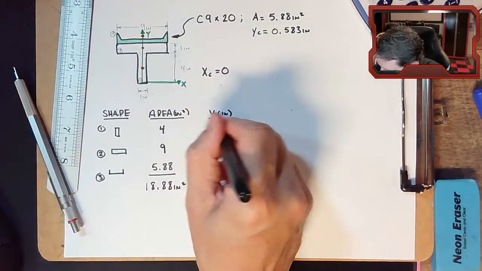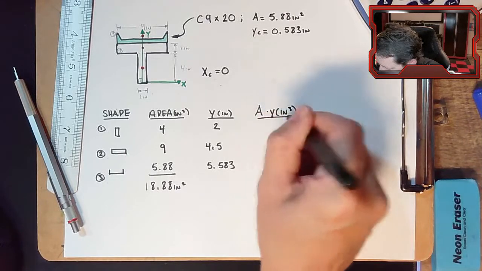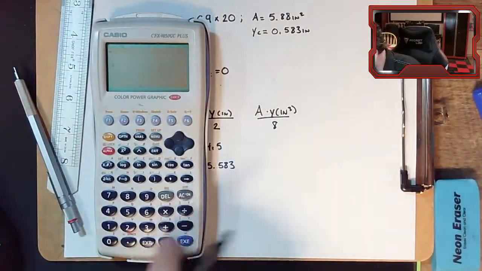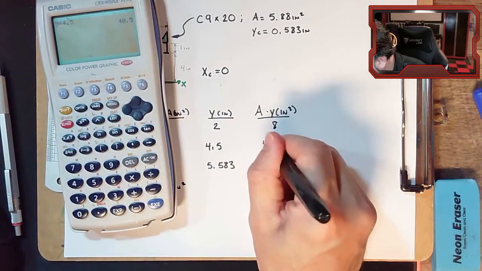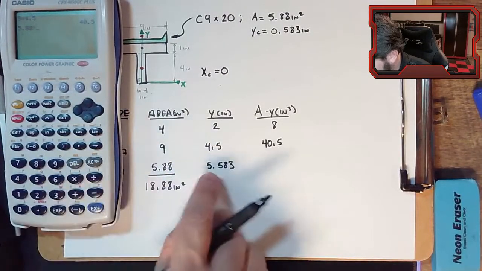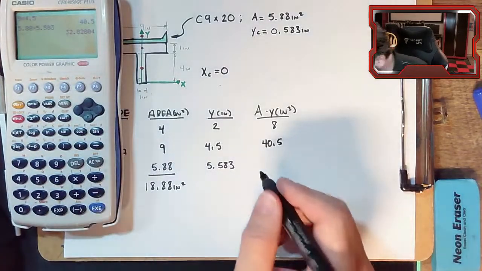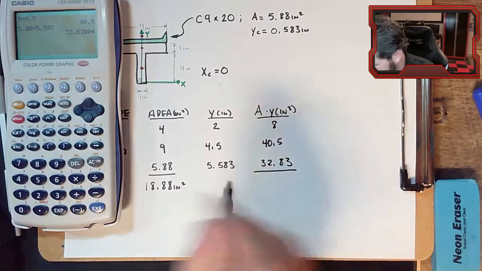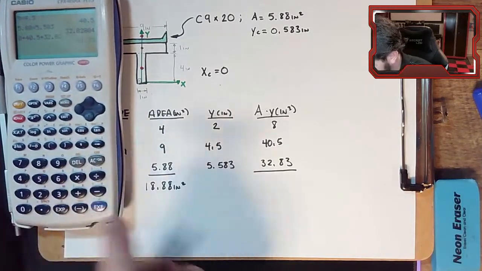And then I just do A times Y, 8, and 9 times 4.5, 40.5, and then 5.88 times 5.583, 32.83. And there's my summation of A times Y. So 8 plus 40.5 plus 32.83 is 81.33.